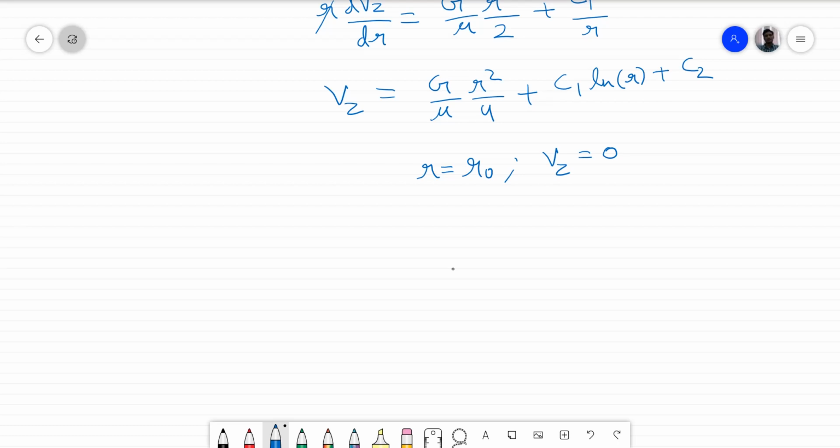Now how do we get the second boundary condition? Because in the last problem we had two walls, so we got two boundary conditions for c1 and c2, but here we have only one boundary at r equal to r naught. How do we get the second boundary condition? So let us see what this gives.